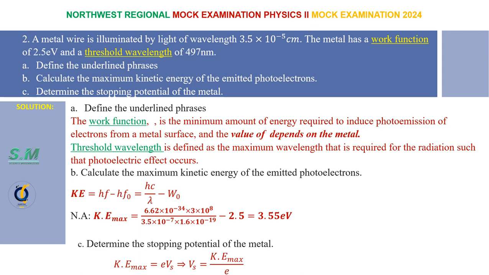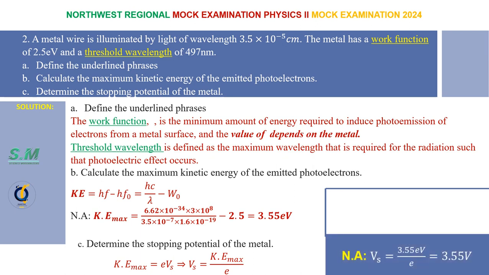And so from there we can draw the stopping potential to be the maximum kinetic energy divided by the electronic charge e. And so from numerical application, Vs will be 3.55 electron volts divided by e. So you see that the electronic charge e simplifies with e, and our final result will be 3.55 volts. So that is the stopping potential.